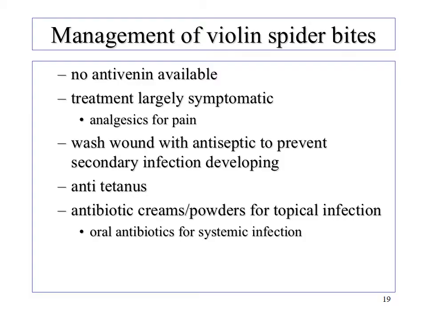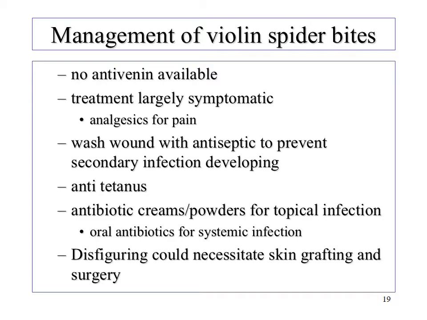Also, anti-tetanus toxoid must be given. If need be, antibiotic creams and powders can be used topically, and that's where you as a pharmacist would probably come in, in the dispensing of these. Oral antibiotics may also be given for systemic infection. And like I said earlier, disfiguring could necessitate skin grafting and plastic surgery. So bites from these violin spiders can be pretty nasty, actually.